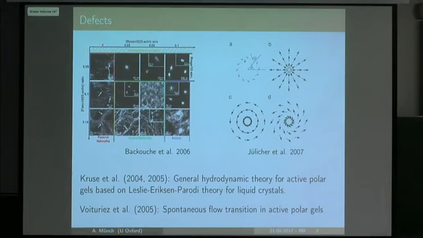For low ranges of activity, you have a passive liquid crystal where defects tend to annihilate themselves. And for very high levels, which are not shown in this diagram here, you get again a homogeneous distribution. But for medium levels, you can get these structures. So here you see, for example, some of these aster-like structures.